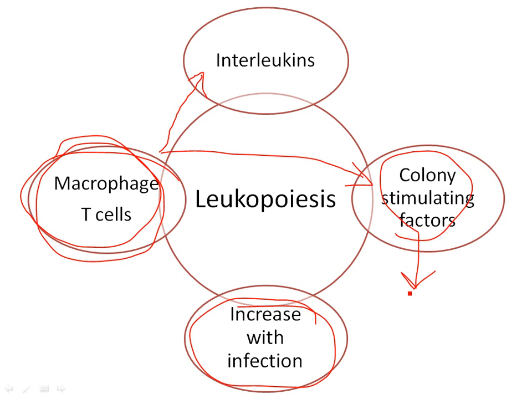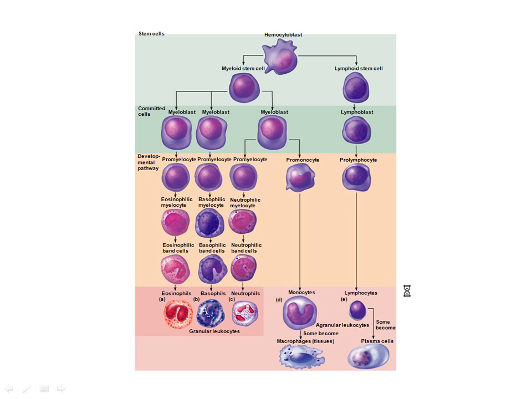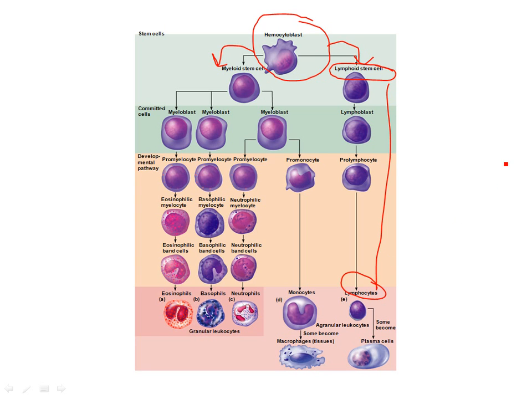So let's take a look at that process. Here it is. Here's our hemocytoblast at the very, very top. And you can see it's got 2 pathways that it goes down first. If it becomes a lymphoid stem cell, that will differentiate to a lymphoblast, and it becomes a lymphocyte. So that one's pretty straightforward. The other option is to become a myeloid stem cell.